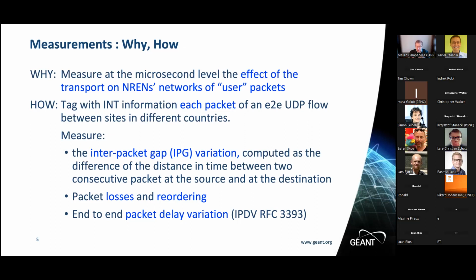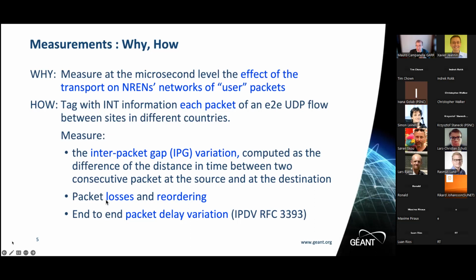This is the interpacket gap. If you produce the packet flow correctly, the interpacket gap should stay exactly the same, and any effect on the interpacket gap distribution or changes will probably be due to the network or the local environment, and you have to understand that.